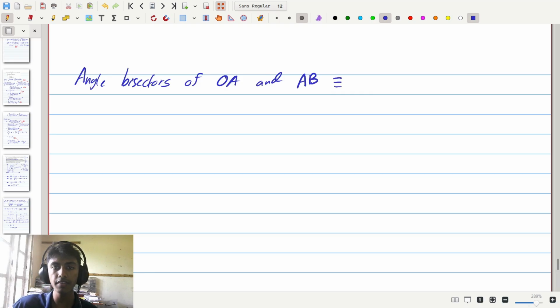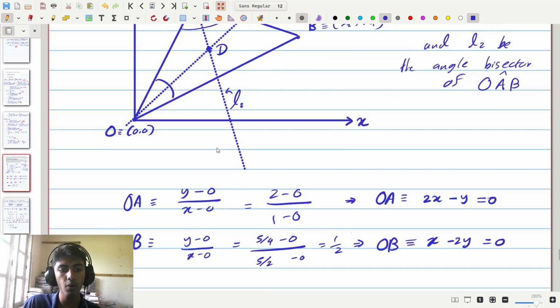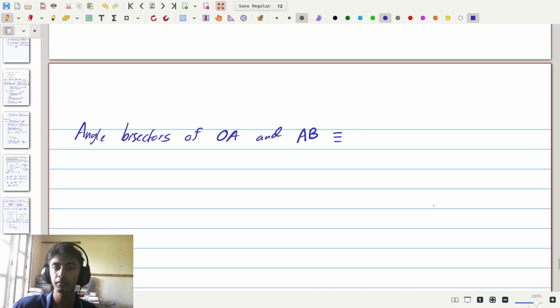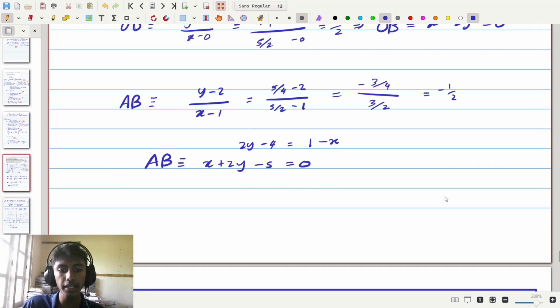And this one is going to be given by, if we go up and check, the first line OA is 2x minus y. So we have 2x minus y, divided by the square root of a squared plus b squared, which is 2 squared plus negative 1 squared, which is 5, equal to plus or minus the other line, AB, which is x plus 2y minus 5 equals 0.